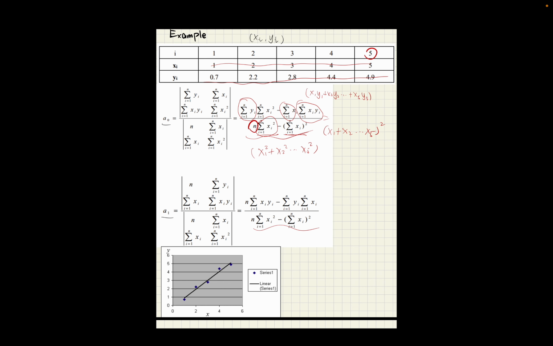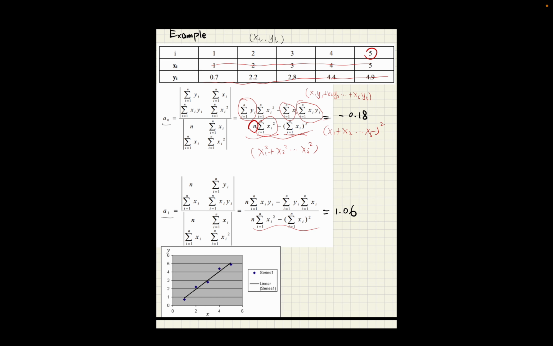So after calculation, you will get a0 is equal to minus 0.18, and a1 is equal to 1.06. That's it.